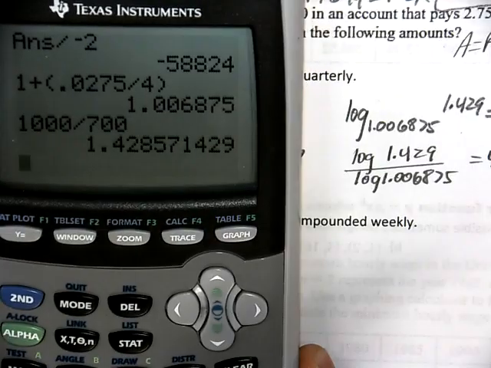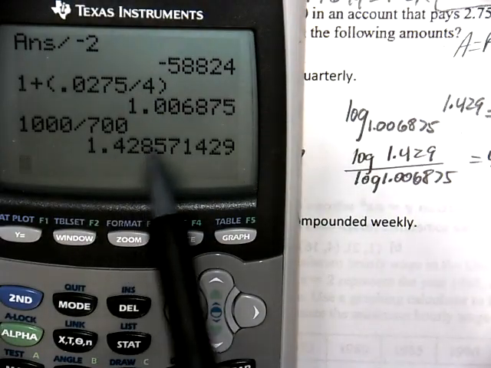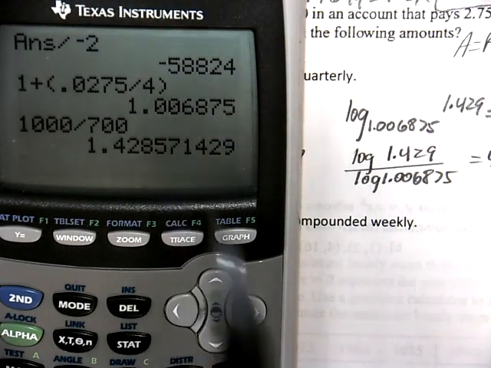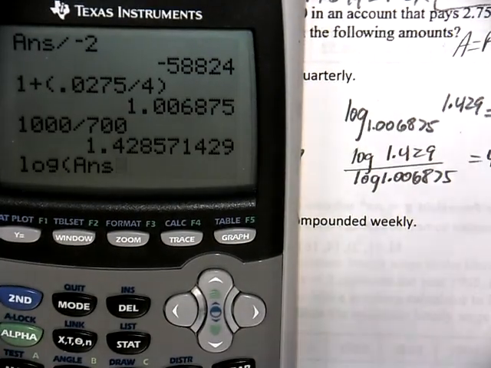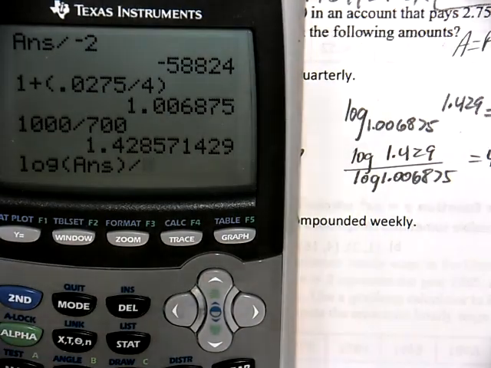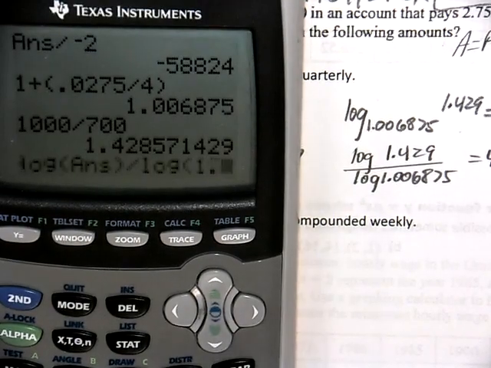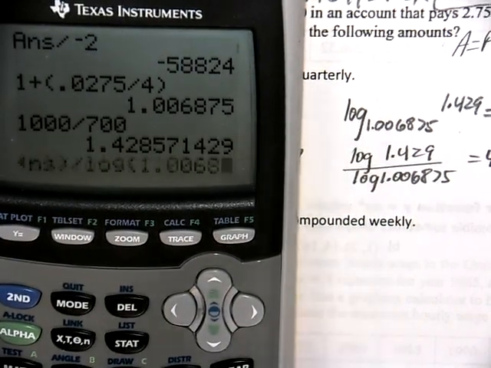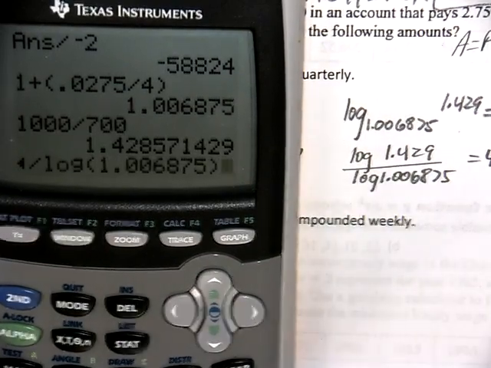So I'll bring the calculator over. We want to keep this 1.429-ish number because we want to do log of this answer. Don't plug in rounded numbers into your calculations. Divided by the log, and that's one reason why I left it at 1.006875. I didn't want to lose that full number.